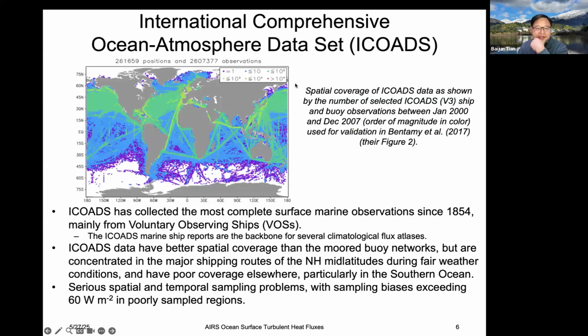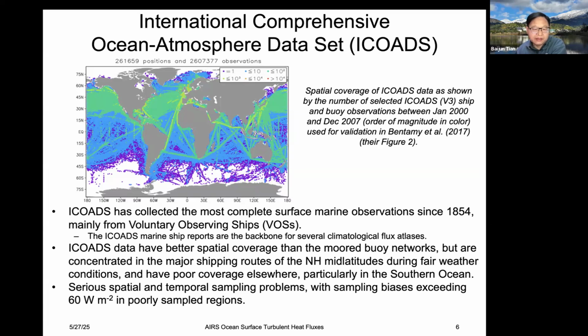Then, the marine observations from VOS are mainly from the ICOADS dataset, the International Comprehensive Ocean-Atmosphere Dataset. This dataset is the basis for several climatological flux products that have been used a lot.